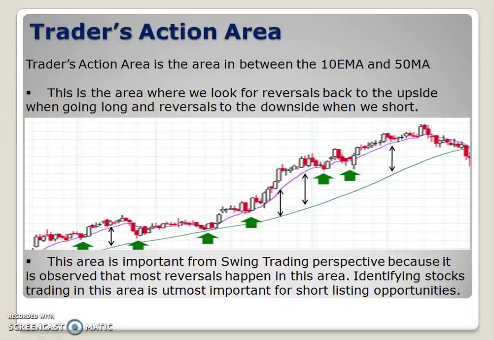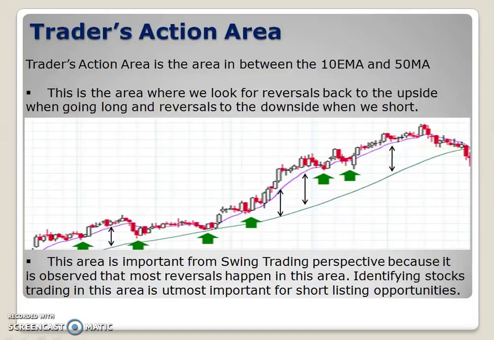However, to understand the context, let me reiterate myself. The trader's action area where a swing trader needs to keep a focus is basically a zone between the 10 period exponential moving average and the 50 period simple moving average.